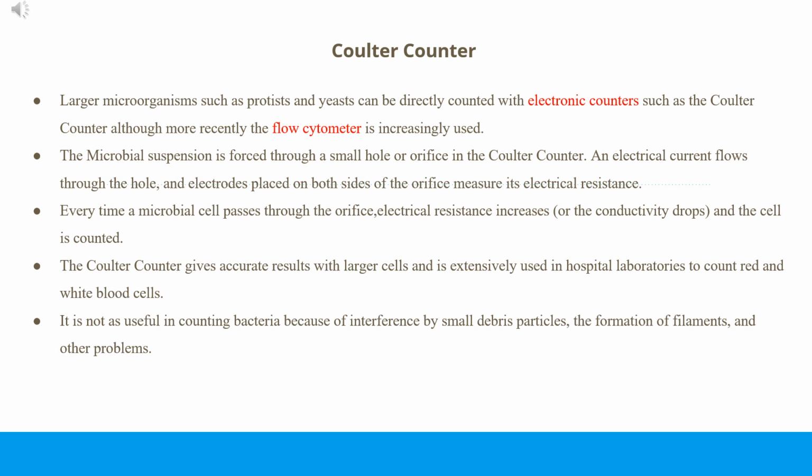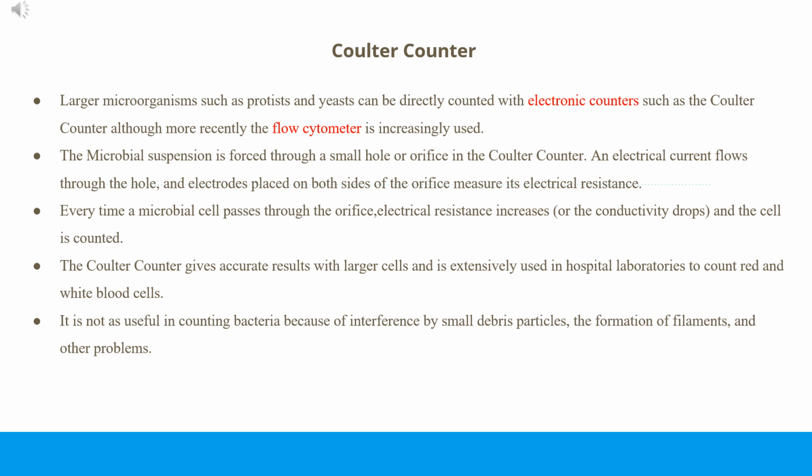An electrical current flows through the hole, and electrodes placed on both sides of the orifice measure its electrical resistance. Every time a microbial cell passes through the orifice, the electrical resistance increases and the cell is counted.